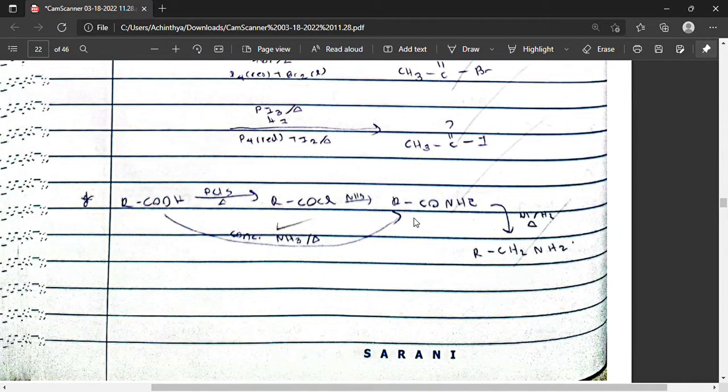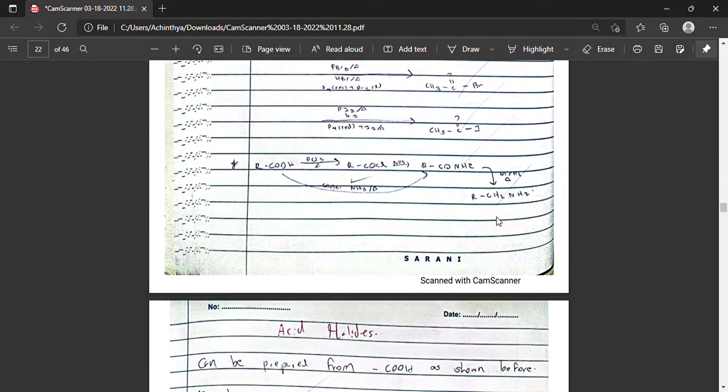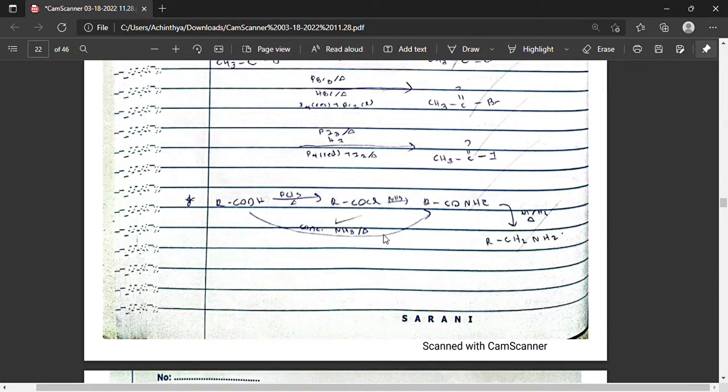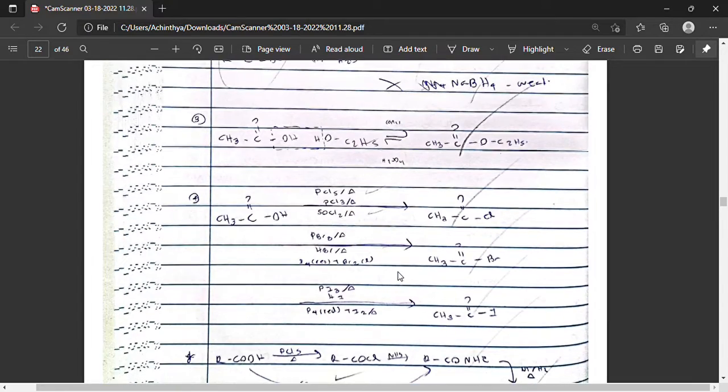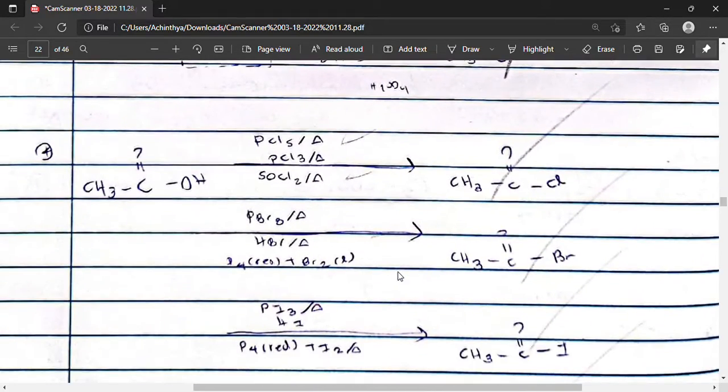Here's a neat pathway of how we can convert a carboxylic acid into an amine, but we don't have to focus on that. It's a simple thing. Instead, I'll just end this presentation by showing the reagents again.